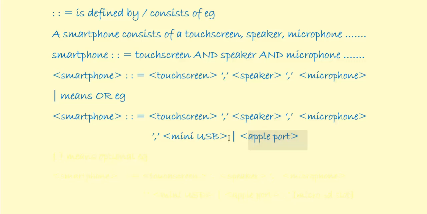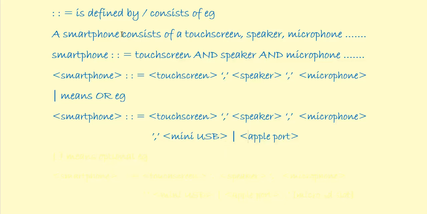If it's a non-Apple smartphone, then the chances are it will have a form of mini USB. So we use the vertical line to define the OR. Now all smartphones that I know either have a mini USB port or an Apple port, because they need to charge and they need to communicate, of course.